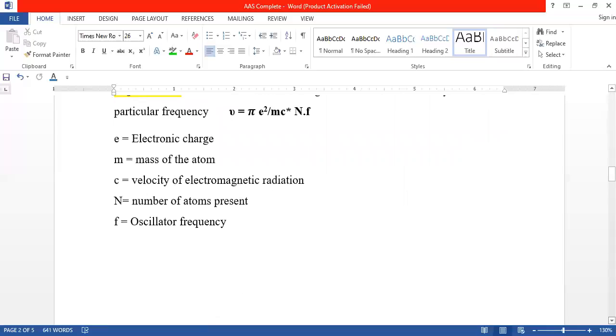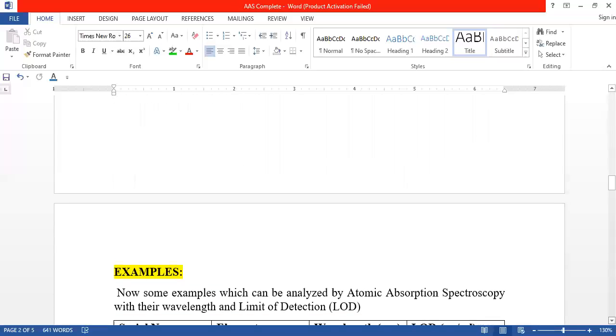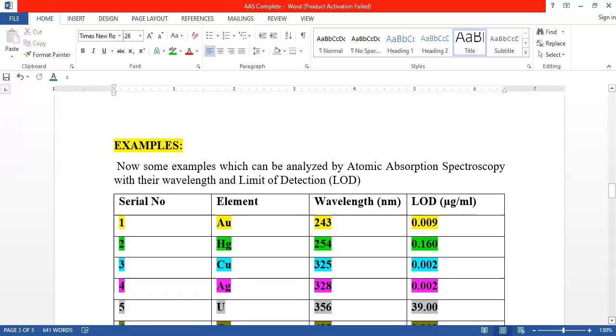Now some examples which can be analyzed by atomic absorption spectroscopy, along with their wavelength in nanometer, and also the limit of detection, LOD, in microgram per ml.